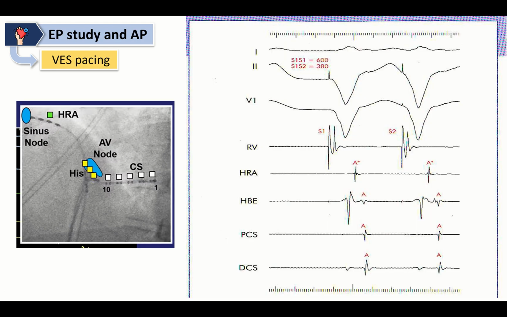And these are simple examples where we assess the rule of giving ventricular extrastimulus and see the earliest retrograde A. This is an example of right side accessory pathway.